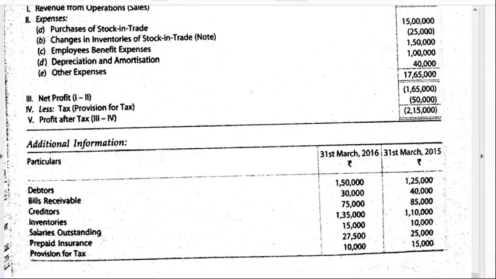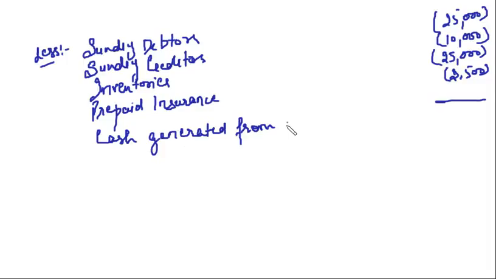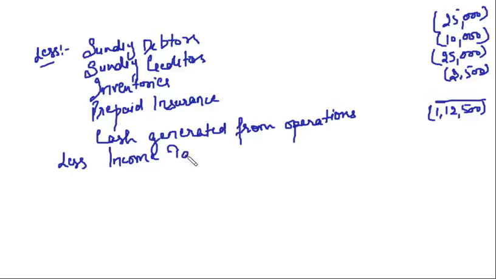Anything else? Provision for taxation that we have already dealt with, right? This is what we say cash generated from operations. This comes to negative 1,12,500, right? Then we will say income tax paid. This income tax paid we have calculated from the provision for taxation account, right?